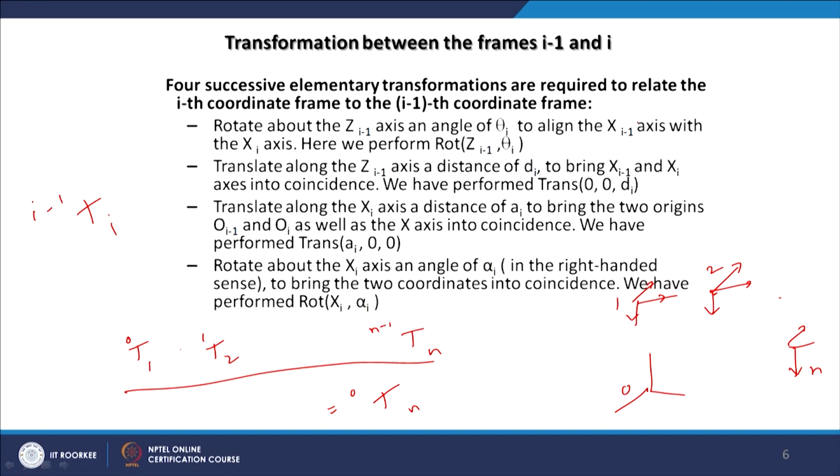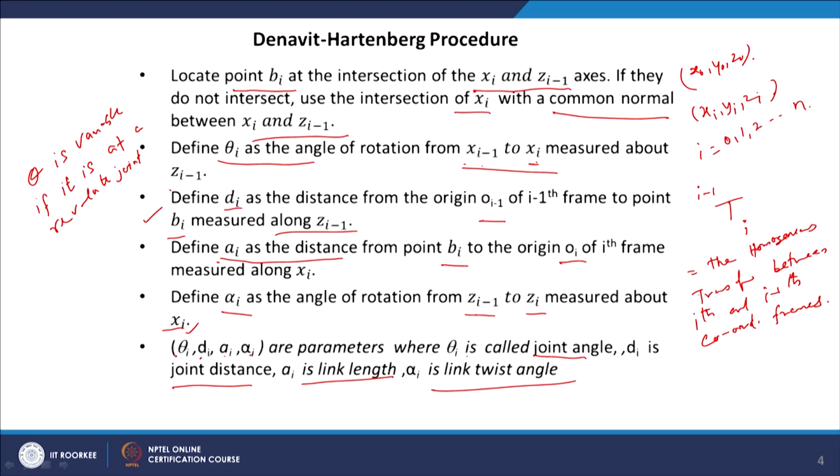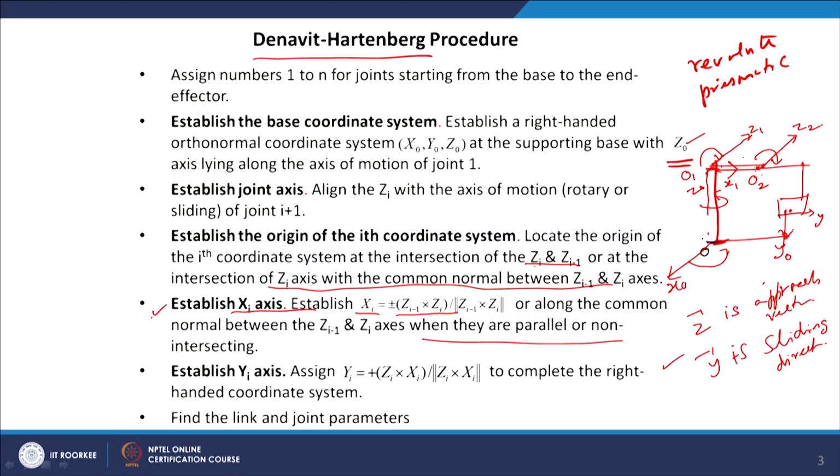For that we use the 4 parameter definition as given here. For example, take theta i. The base frame has x0, y0, z0 at 0 and x1, y1 at 1. If we make a rotation by an angle theta 1 about the z axis, then x0 and x1 will become parallel.